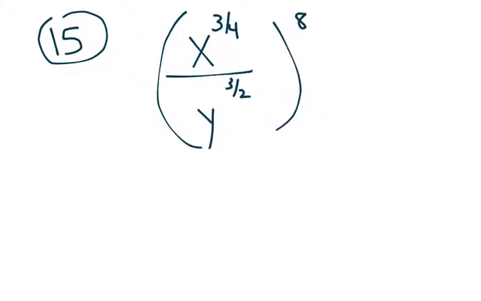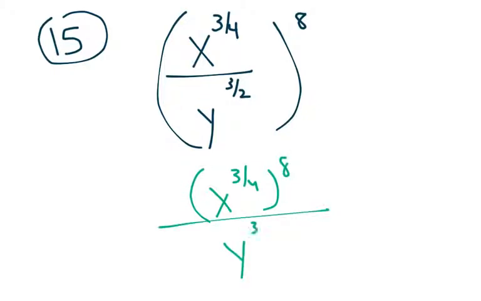The nice thing about rational exponents is they follow all the same properties of regular exponents. So in order to simplify x to the 3/4 over y to the 3/2 all to the 8th power, all I'm going to do is distribute the 8. So I'm going to raise the numerator to the 8th power, and I'm going to raise the denominator to the 8th power.